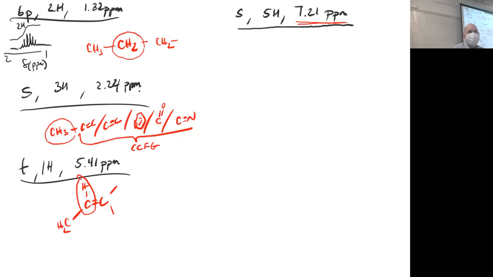You got a benzene ring, right. So drawing out a benzene ring, if you got a benzene ring and you integrate to 5, what does the integral tell you? What does this 5H mean?